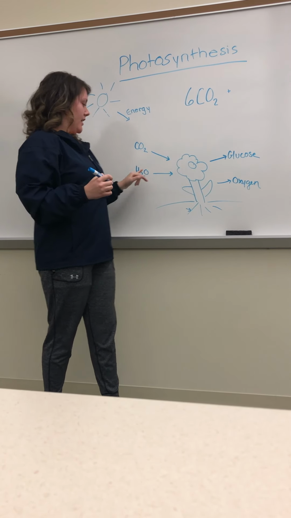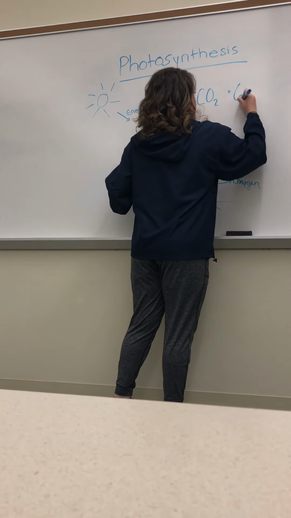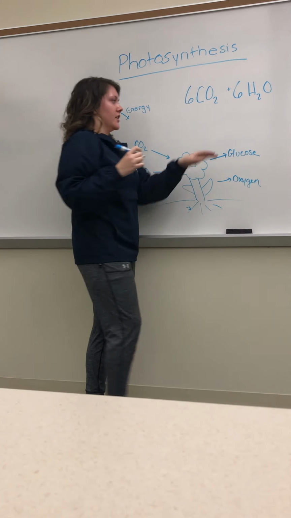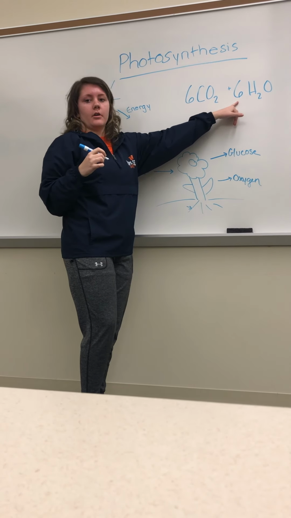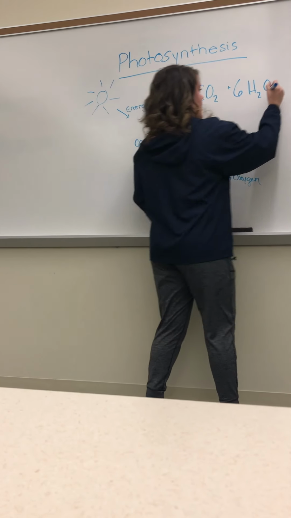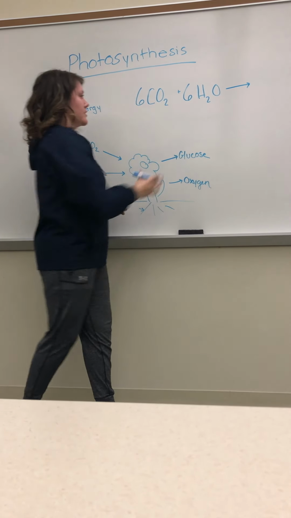And then we're going to add the water, which is going to be 6H2O, which again, that's how many particles are part of the water. And then we're going to draw a line. So this is the process of photosynthesis.